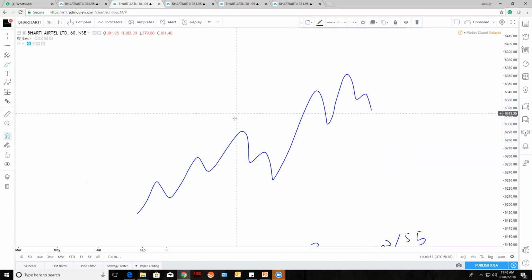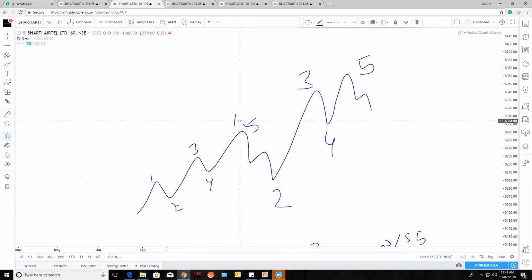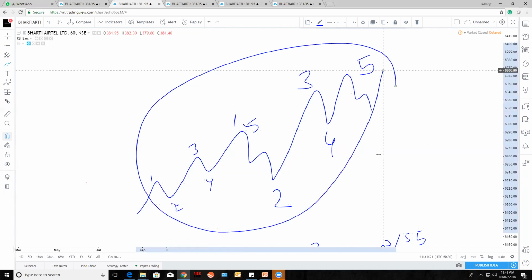It is wave 1, wave 2, wave 3, wave 4, and wave 5. Right? So here you are getting an extension, that is 1, 2, 3, 4, and 5 waves. If you count totally, 1, 2, 3, 4, 5, 6, 7, 8, and 9 totally.